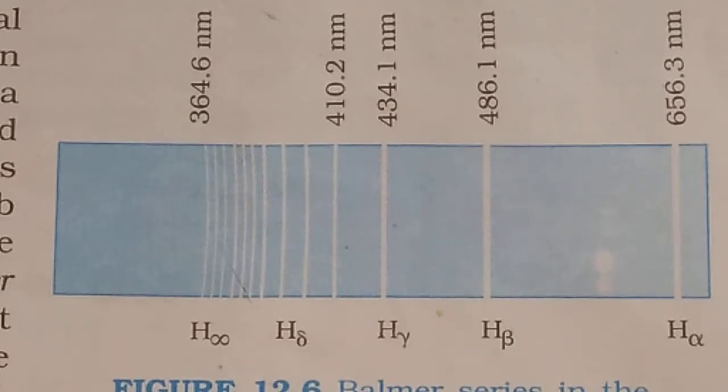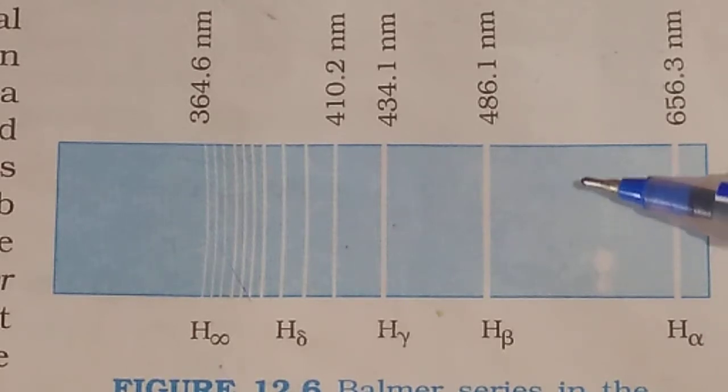In the Balmer series, you will find the line with the longest wavelength, 656.3 nanometer. This line is a red line, and we call it the H alpha line.